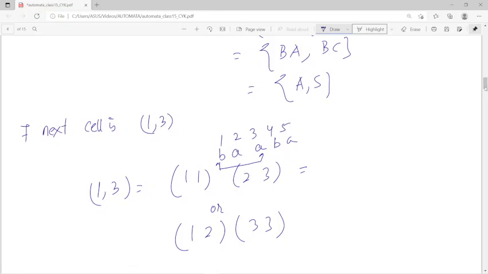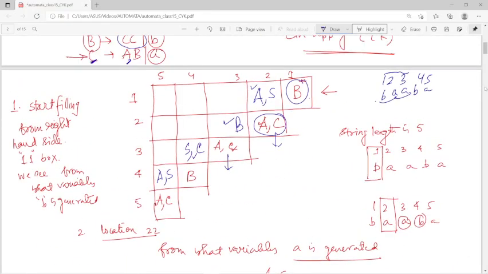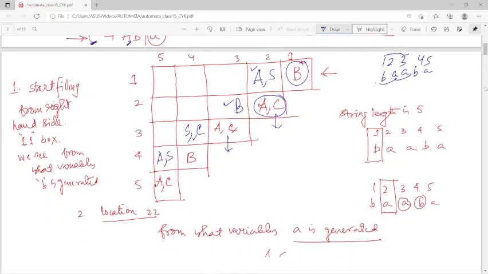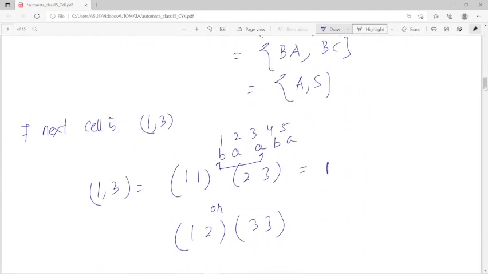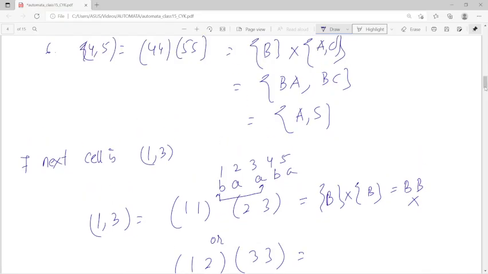For 1 1 we are getting B, and 2 3 is also B. So this is also B, and this is also B. So BB, and this is not there. And what is 1 2, and 1 2 and 3 3?